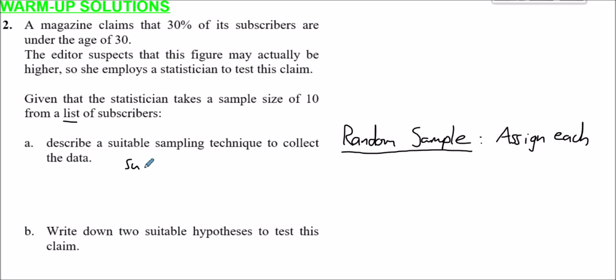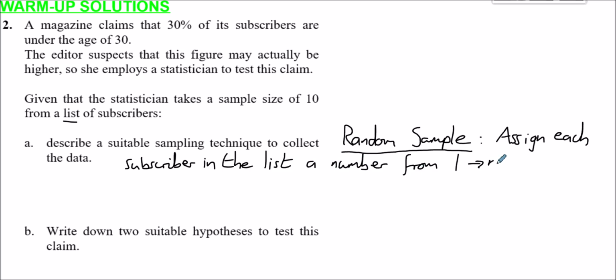So assign each subscriber in the list a number, let's say from 1 to n, where n is the number of subscribers in the list.